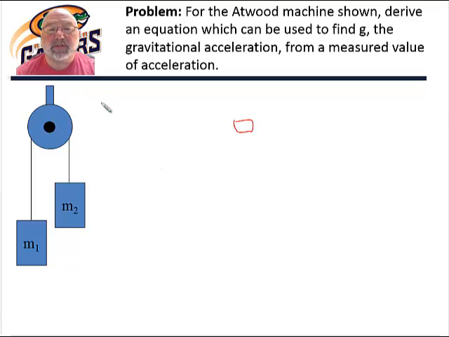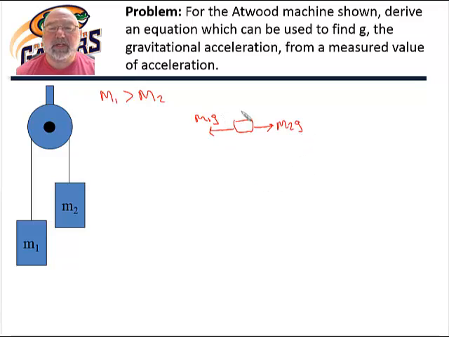We're going to assume that mass 1 is larger than mass 2. The force going to the left would be mass 1 times the acceleration due to gravity, and the force going to the right would be mass 2 times the acceleration of gravity.